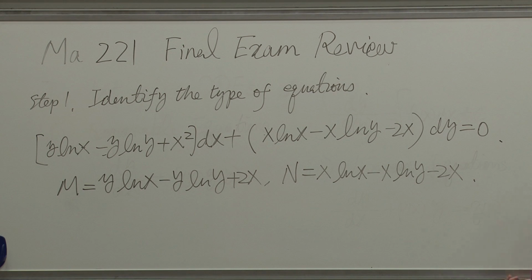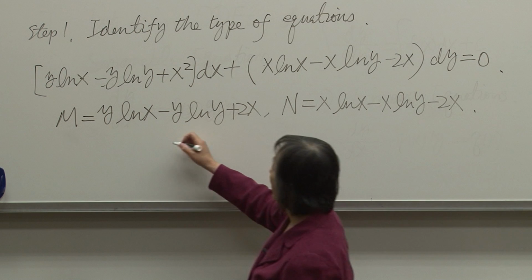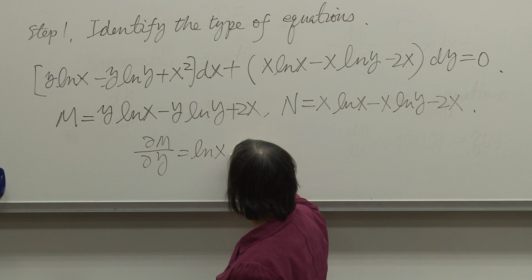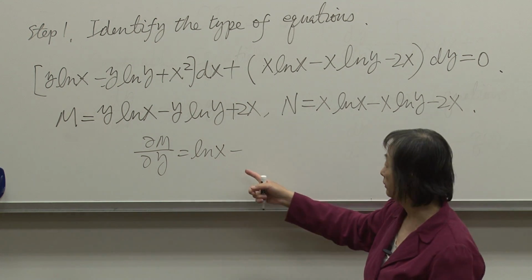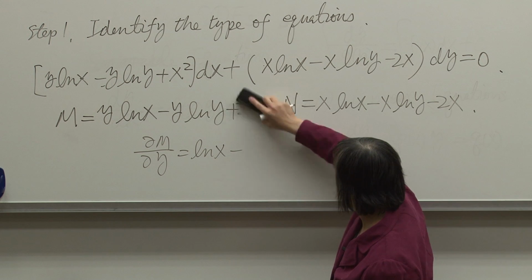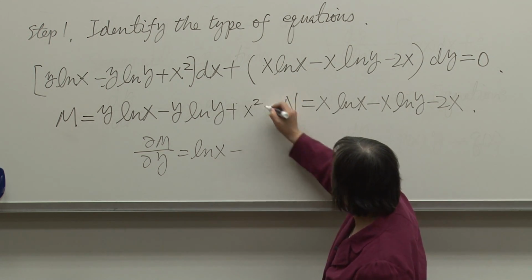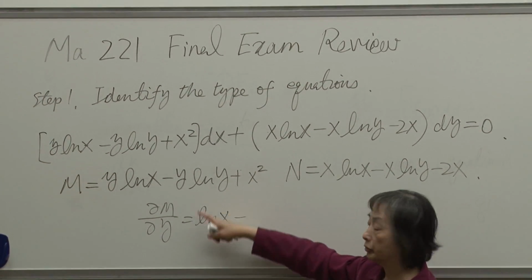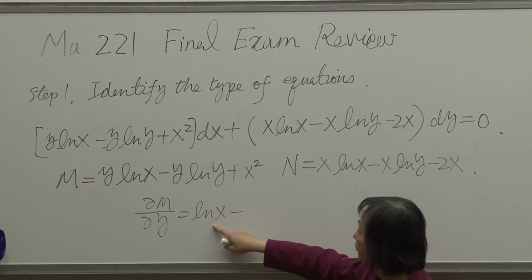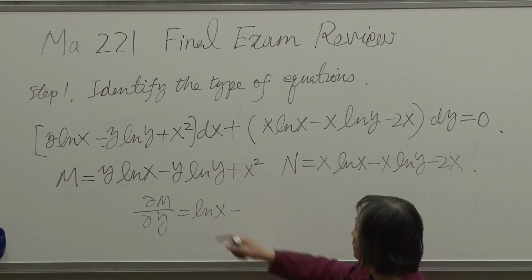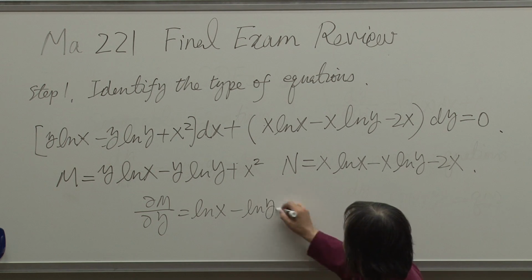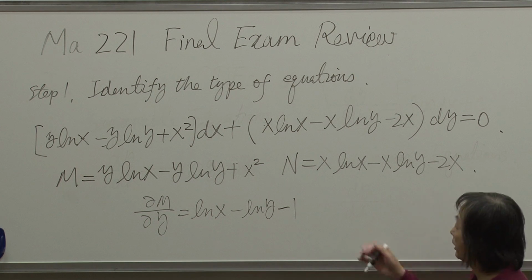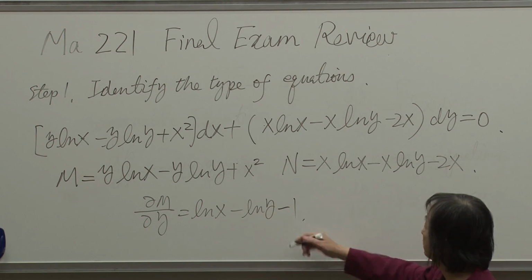And then we compute the partial derivative of m with respect to y. When we take the derivative of m with respect to y, we get log x from the first term. The second term has derivative negative log y minus 1. The derivative of x squared with respect to y is 0.